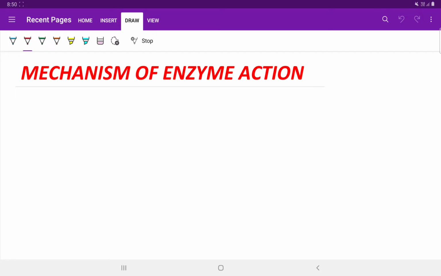So basically the enzyme action can be divided into two parts, or we can say it can be understood by two different concepts.